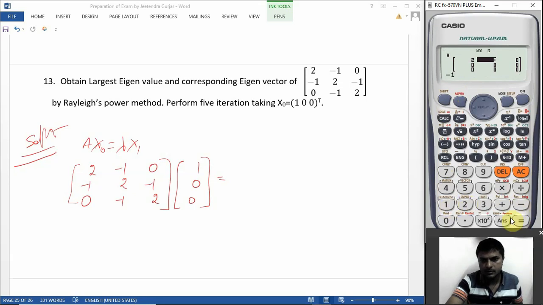Then press AC. Now shift 4, 3 into shift 4, 4. So what is the answer, students? You can see very easily. This I will repeat once again, don't worry.